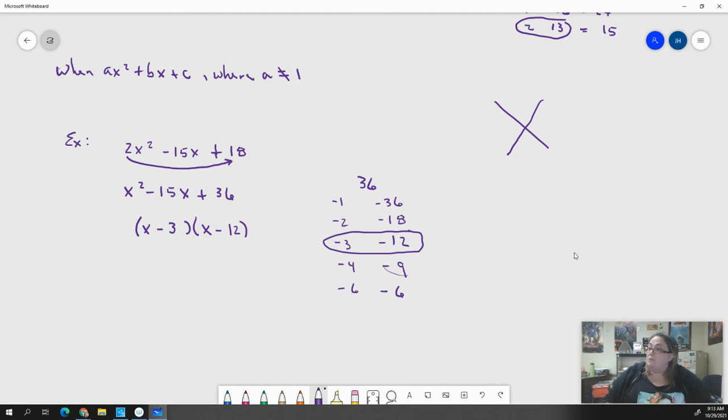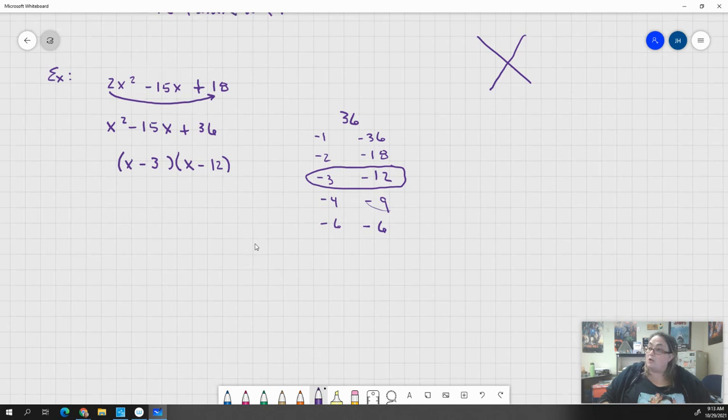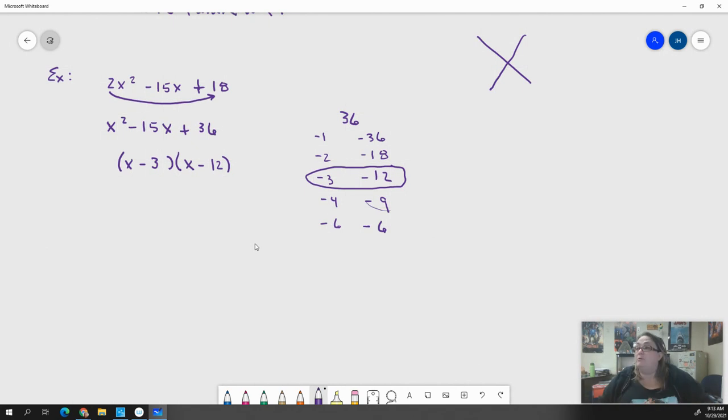Ready? So we're close to being finished, but we've multiplied this by 2. And so now we have to divide that 2 out of each piece. If it divides evenly, we're just going to write it as what it is, right?